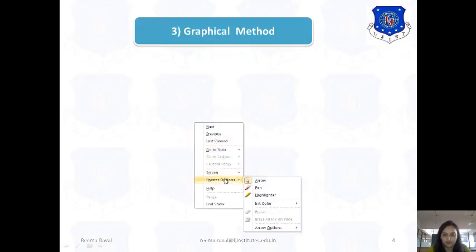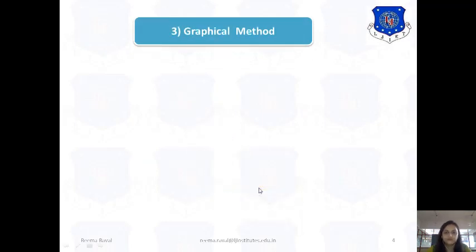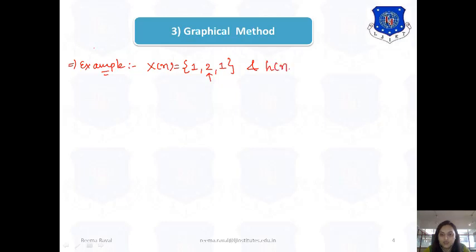Let us consider the example. For example, x of n, the input sequence, is 1, 2, 1, having the value n equals 0 at 2, and the impulse response of this system, h of n, is equal to 1, 0, with the arrow at this 0, right?